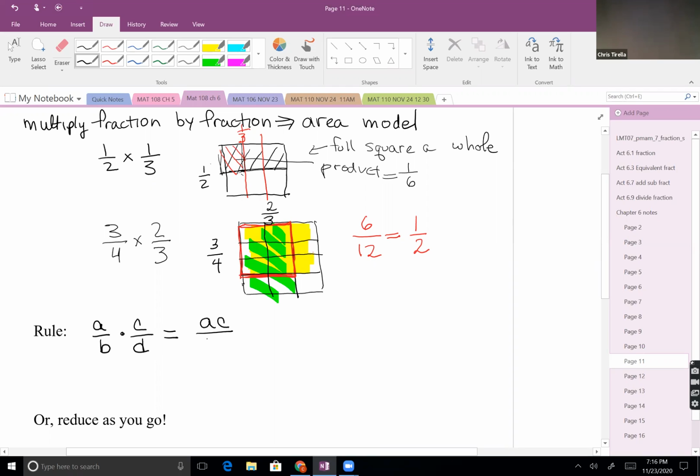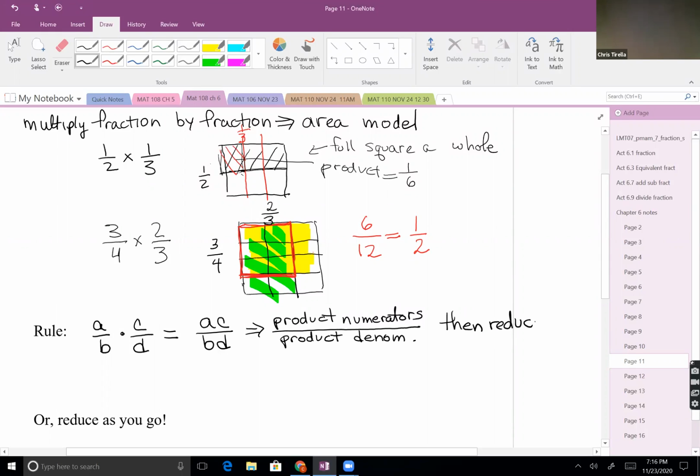It's the product of the numerators over the product of the denominators. And then we reduce.